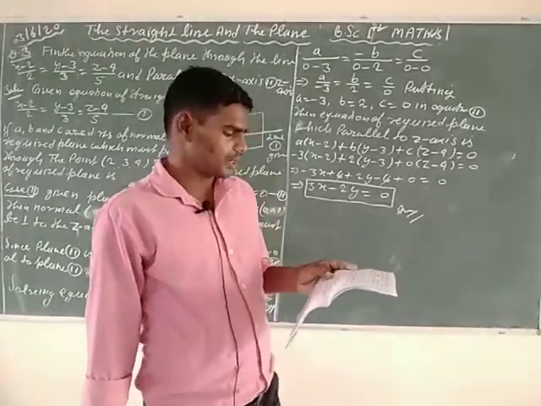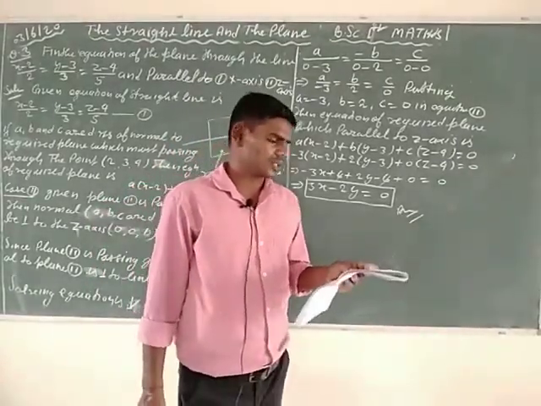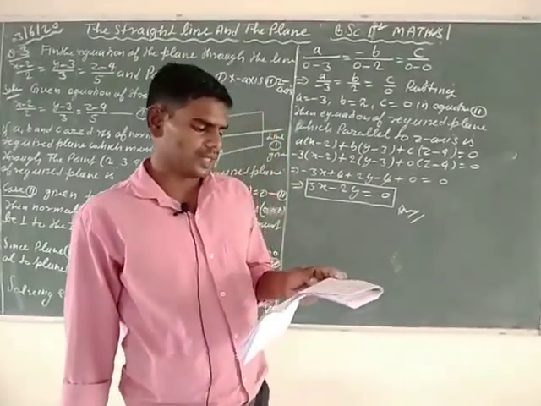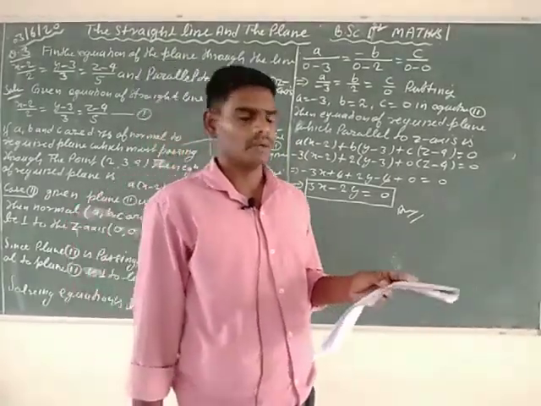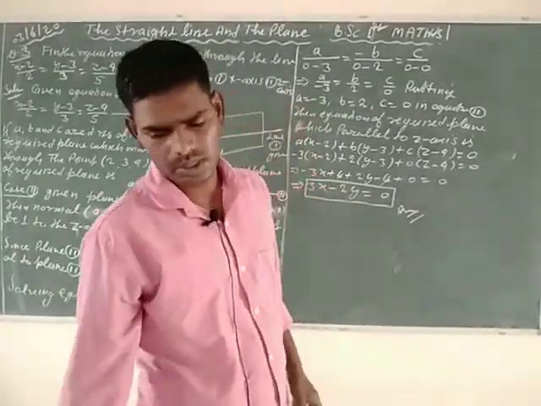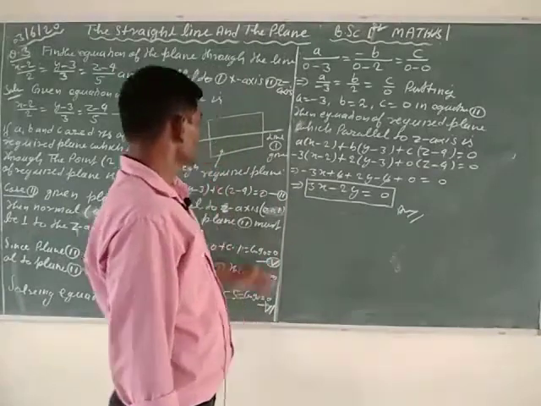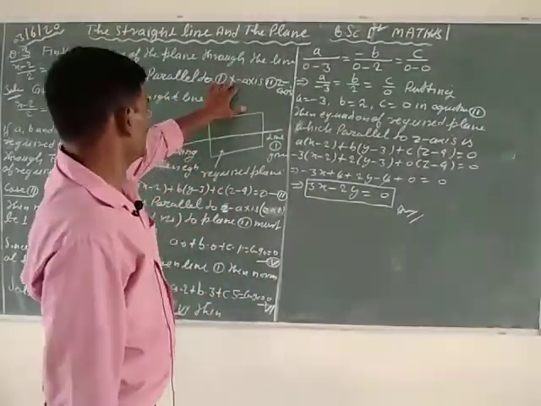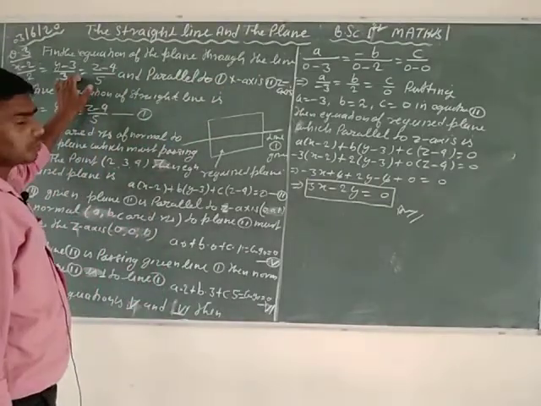In this question, it asks for the equation of the required plane which passes through the given straight line first and which is parallel to the given straight line second. So the question is the same as in case first, where a straight line equation is given. Here two lines are given.